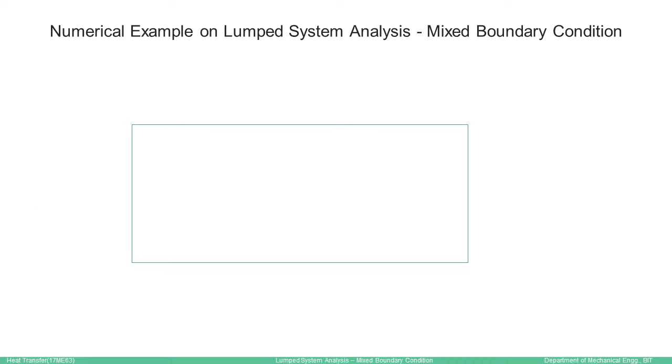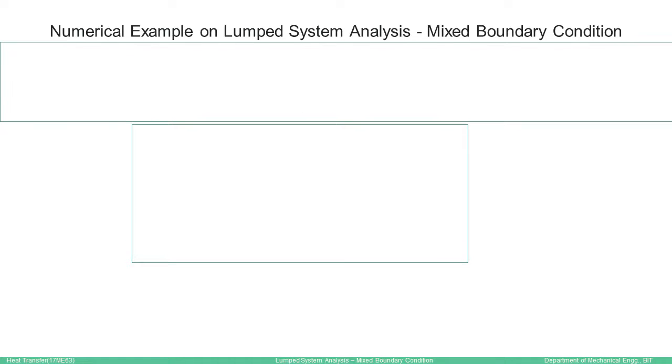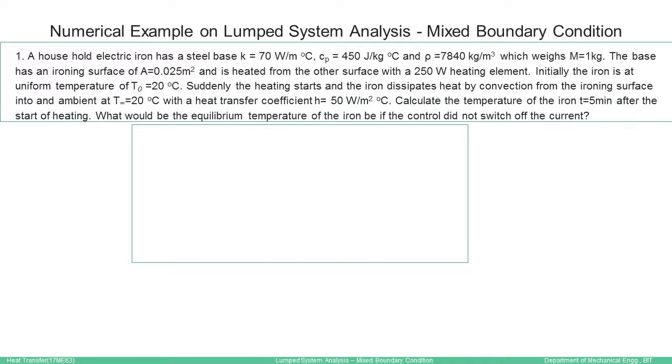We will understand lumped system analysis applied for a solid body with mixed boundary condition with the help of a simple numerical problem. A household electric iron has a steel base with thermal conductivity k equal to 70 watt per meter degree Celsius, specific heat Cp equal to 450 joule per kg degree Celsius, and density rho equal to 7840 kg per meter cube, which weighs mass equal to 1 kg.